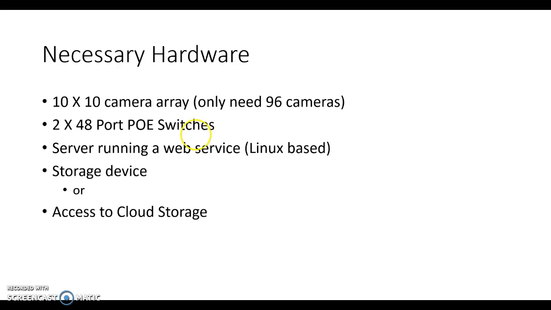Now, some of the basic stuff we're going to need, obviously, is a 10 by 10 camera array. Looking at it, you're going to have 48 ports on a switch, so you would only need 96 cameras. You would also have to have a server running some web app. You'd have to have a storage device, and unfortunately on this, I do not have the router, the wireless capability that you would need.